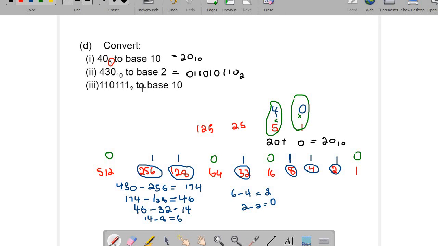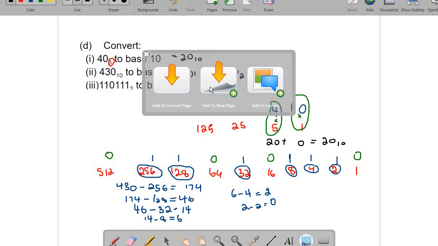Alright, last one we have here is converting from binary to base 10. It's practically the same as what you would do when converting from base 5 to base 10. But this time, since the number is in base 2, we're going to be writing the powers of 2 instead, starting with 1. Alright, let me snip this question.